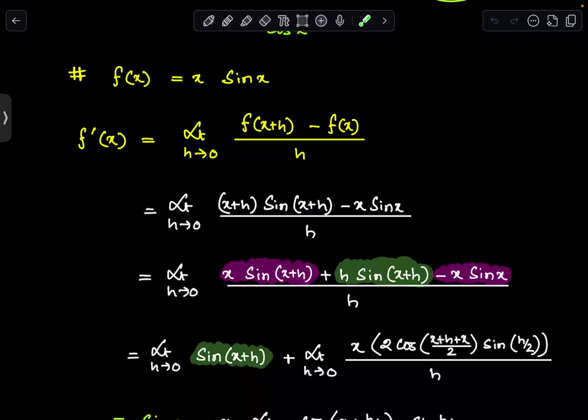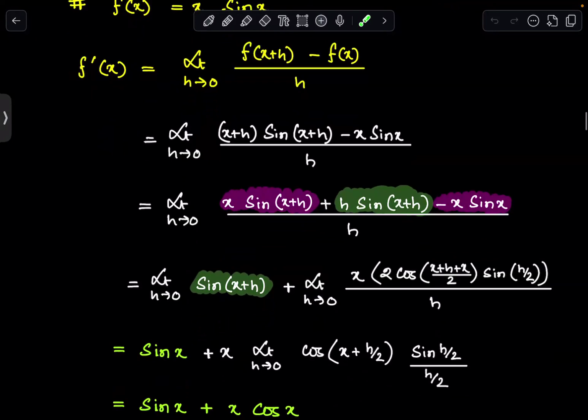For the pink highlighted section, we have kept the x common, and the sine of x plus h minus sine x can again be factorized like the earlier form into twice cos of the average of the two angles multiplied with sine of half of the difference of the two angles. And in a similar approach, we will again bring back this 2 into the denominator of h, and hence will create the standard reference of limit.